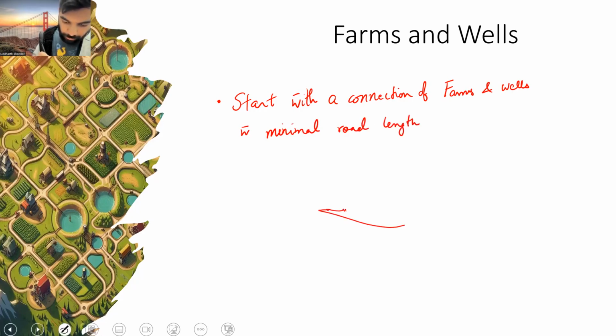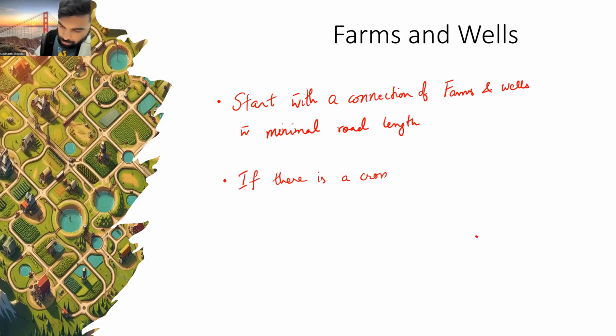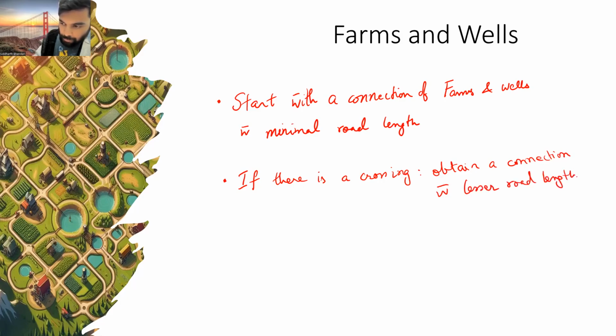If there is a crossing, then we obtain a connection with lesser road. Okay, and this is the idea that if you have such a crossing, this dotted connection has even lesser length than the connection you started with.